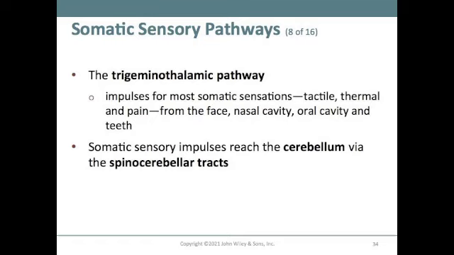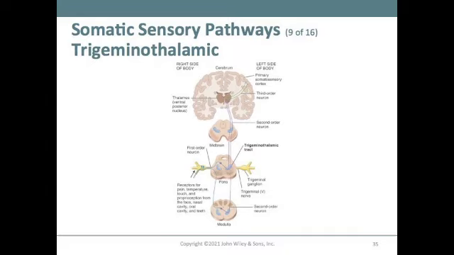In the thalamus, the axon terminals of the second-order neurons synapse with the third-order neurons, which project their axons to the primary somatosensory cortex on the same side of the cerebral cortex as the thalamus. And that brings us to figure 16.7 on page 582. This cartoon outlines the trigeminal thalamic pathway.